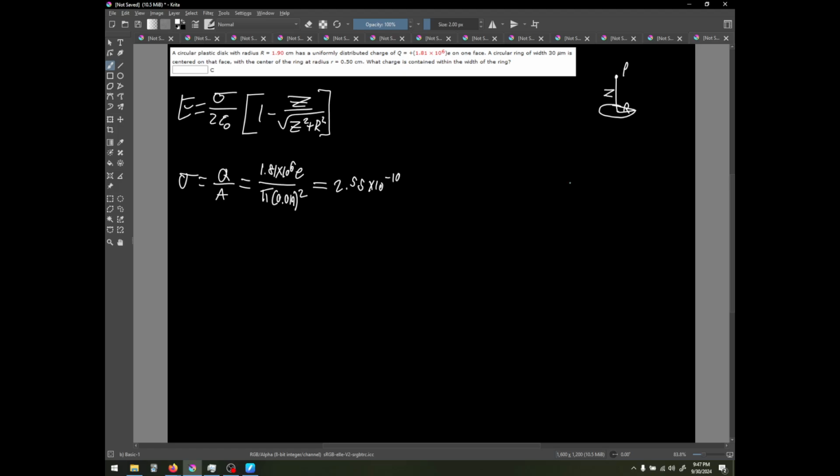So this is what I'm getting. We have a center of the ring with a disc. Oh my gosh. So if this is an R, right?